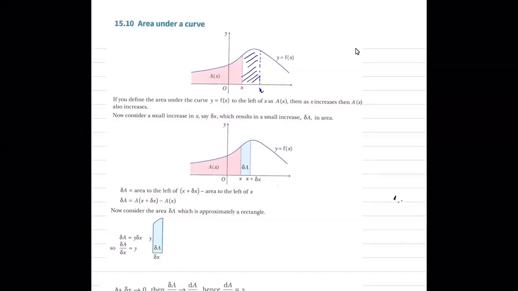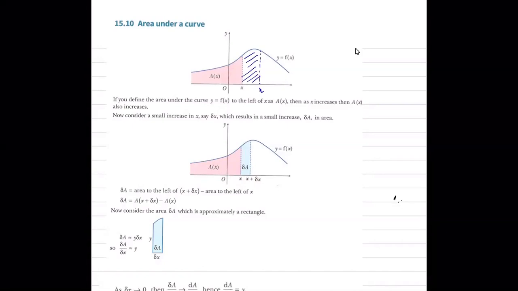So now you can consider a small increase in x. So previously this was the area under the graph. Now since you have increased x slightly, the new value of x is going to be x plus delta x. Del x just implies that you have a very small change in the value.